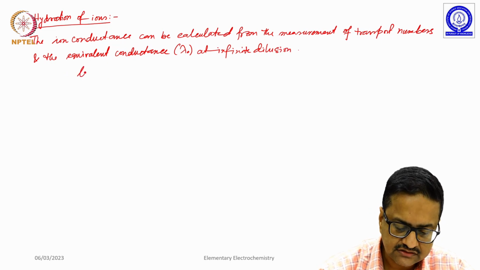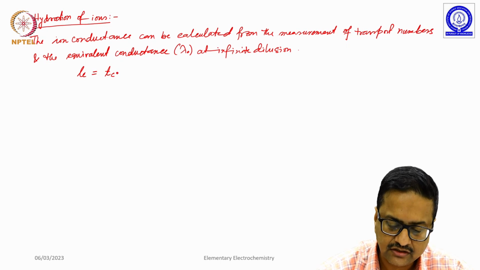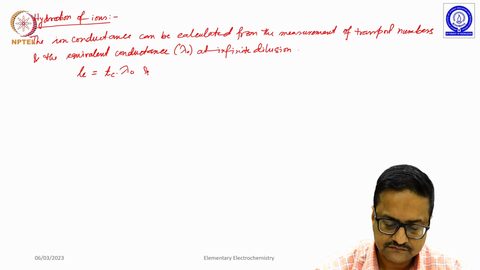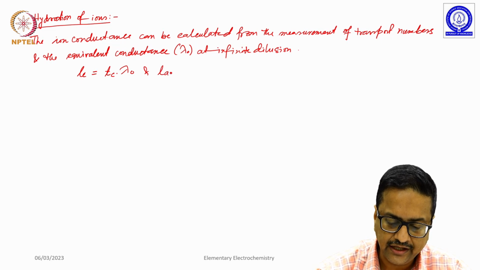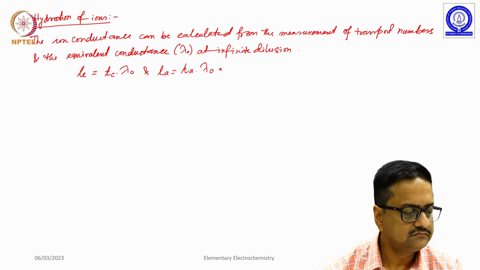So, what we know is Lc is equal to Tc, that is the transport number of cation, multiplied by lambda 0. Similarly, La is equal to Ta into lambda 0.